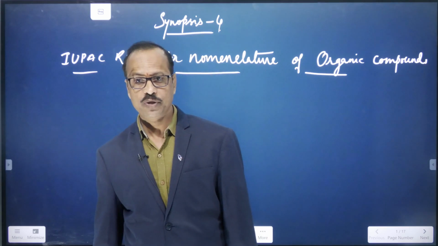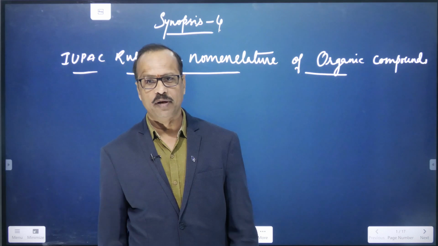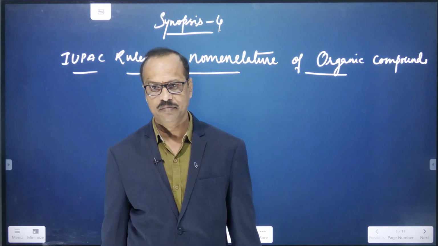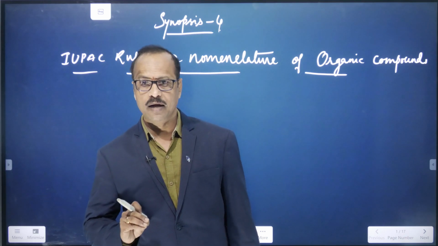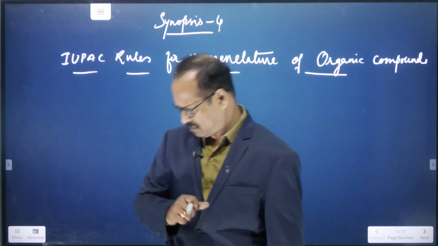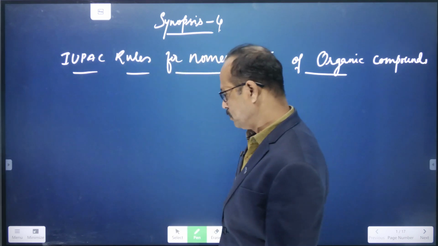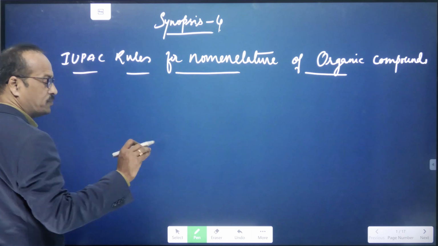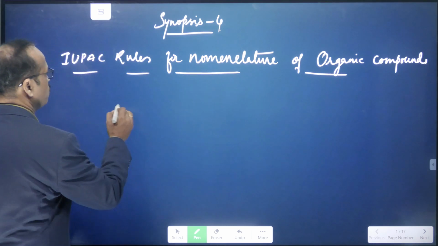Today we discuss simple nomenclature for alkanes, alkenes or alkynes in which some branches are included. First I'll give some examples, then we go to the main topic.